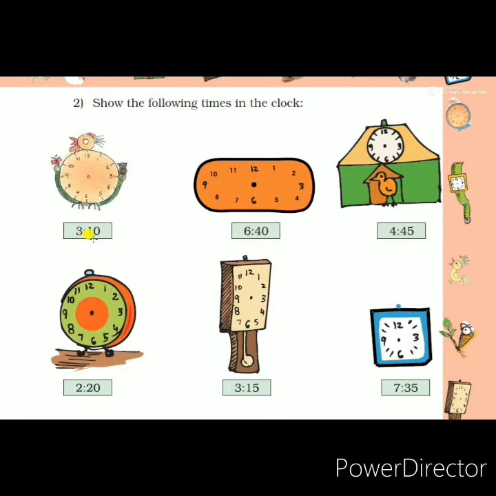If you want to show the hours, the hour hand, the short hand, should be at 3, or it will move very little away from 3.